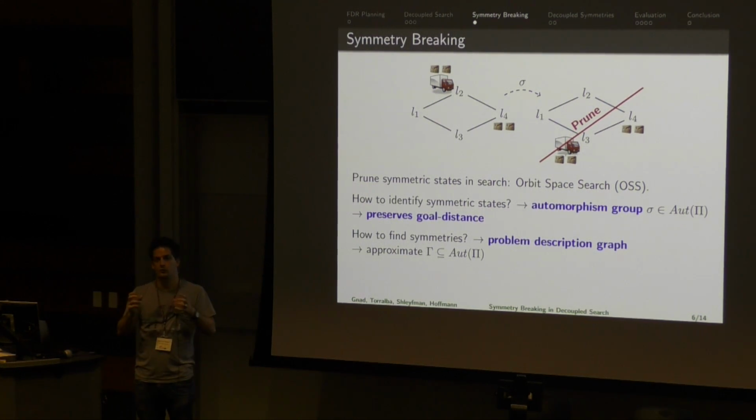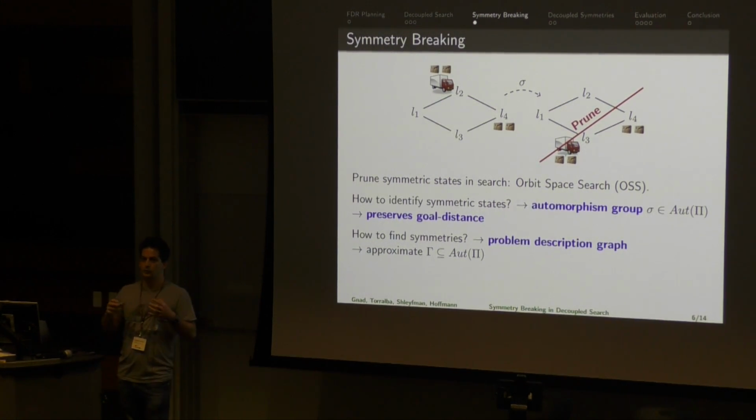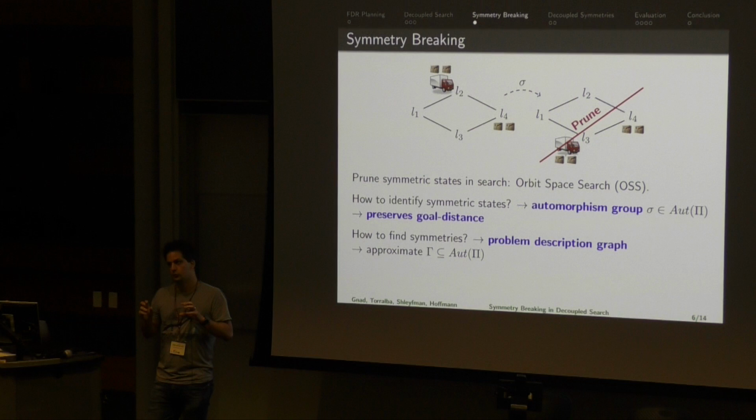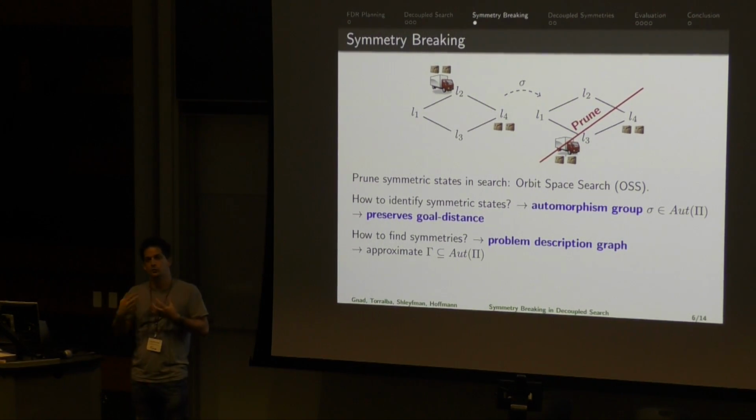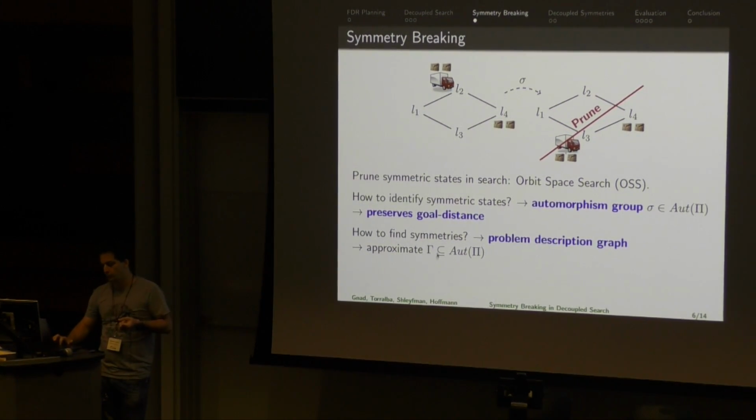For each of those you have particular connections in this problem description graph. Now you can use an off-the-shelf tool to detect the symmetries in this problem description graph. And this will induce a subgroup of the automorphisms of your state space. This subgroup we call gamma.